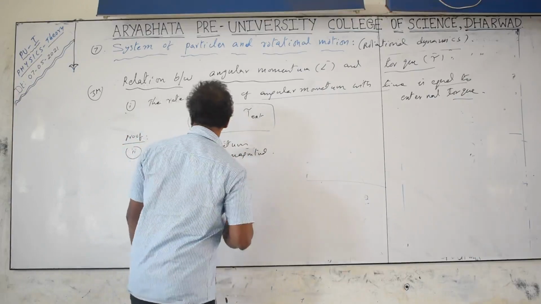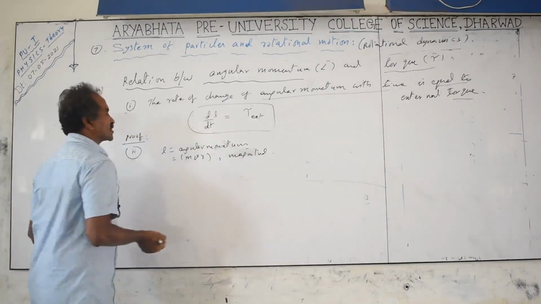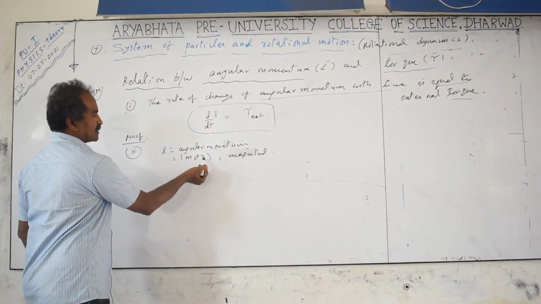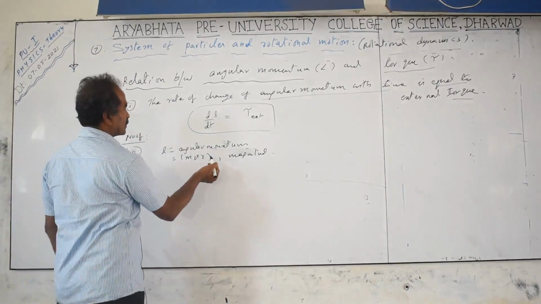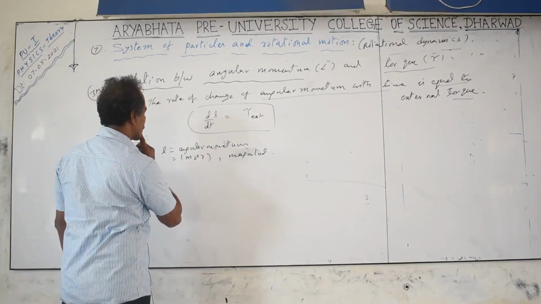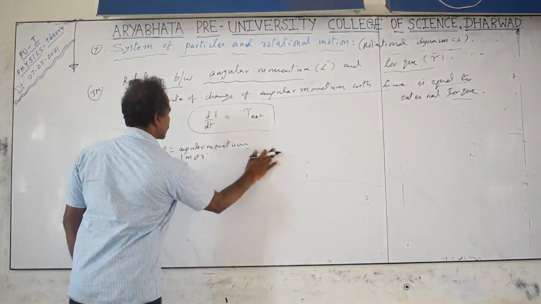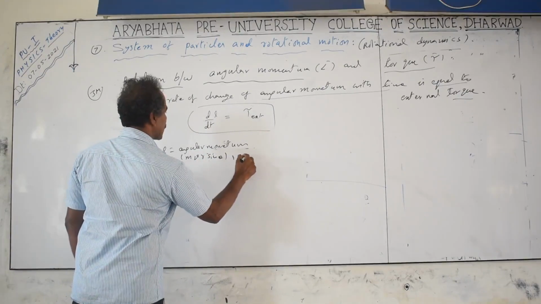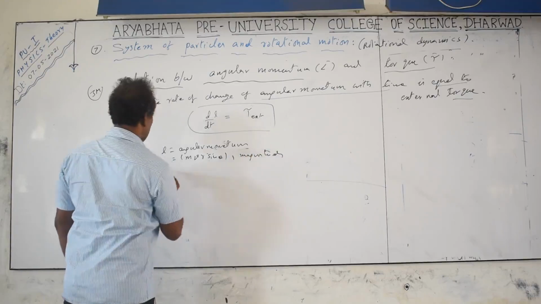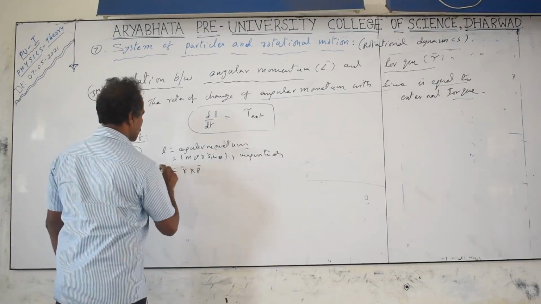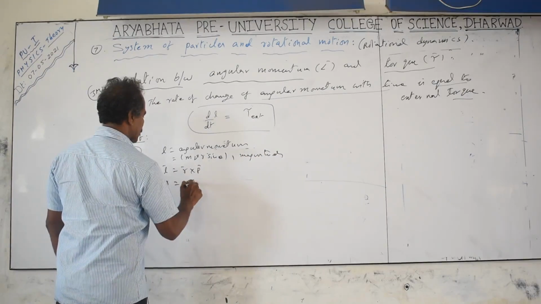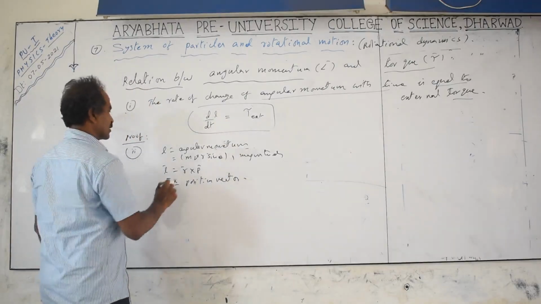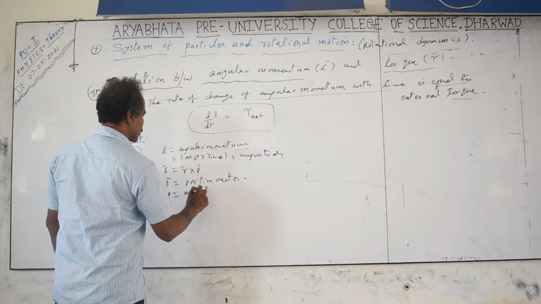For circular motion, theta is 90 degrees. I will take it in terms of R cross P. This is the magnitude, and L is equal to R cross P also. R is the position vector, P is mass into velocity.